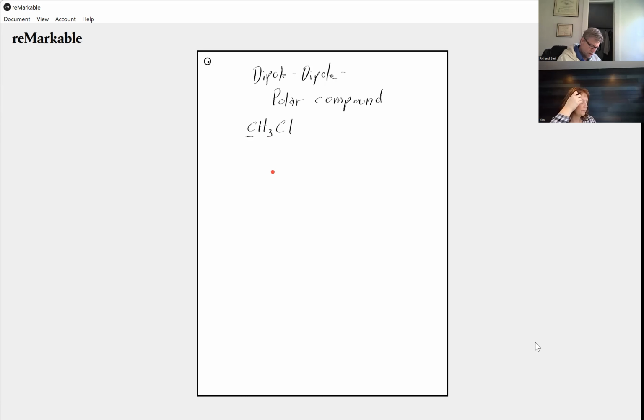So we work out the Lewis dot structure and VSEPR. Remember VSEPR? We need the shape. Well, this is going to be a tetrahedral arrangement.